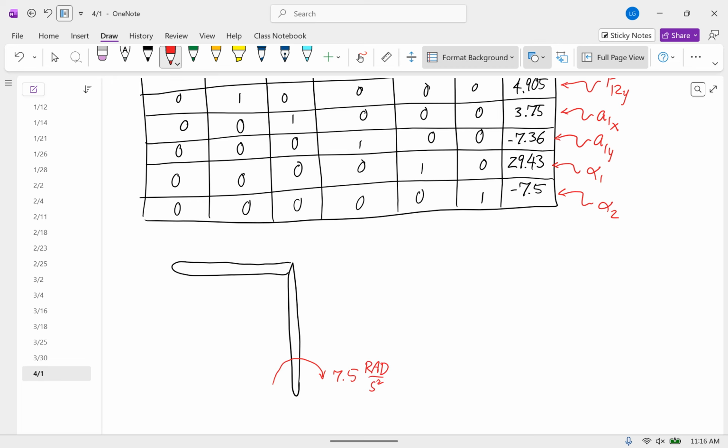Does that make sense? And then this one is going to have a counterclockwise angular acceleration of 29.43 radians per second squared. Does that make sense?